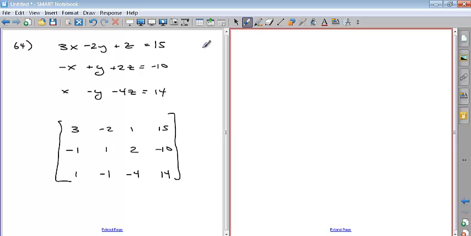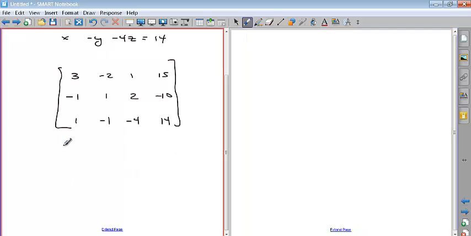Okay, so the first thing I'm going to do actually is I'm going to move this to the top. So you can switch rows because really they're the same equations. It doesn't matter which one's first. And the reason I'm doing that is because it'll make the subtraction easier.